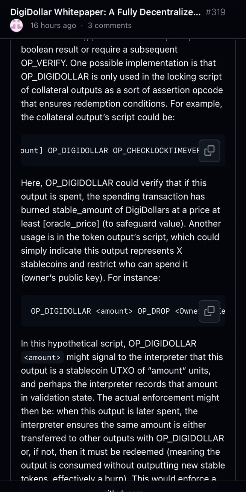Here, DigiDollar could verify that if this output is spent, the spending transaction has burned stable amount of DigiDollars at a price at least the oracle price, to safeguard value. Another usage is in the token output script, which could simply indicate this output represents X stablecoins and restrict who can spend it, the owner's public key. For instance: OP_DIGIDOLLAR, amount, OP_DROP, owner pubkey, OP_CHECKSIG.